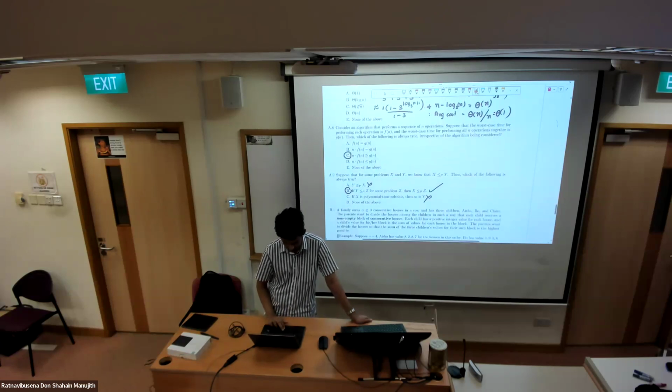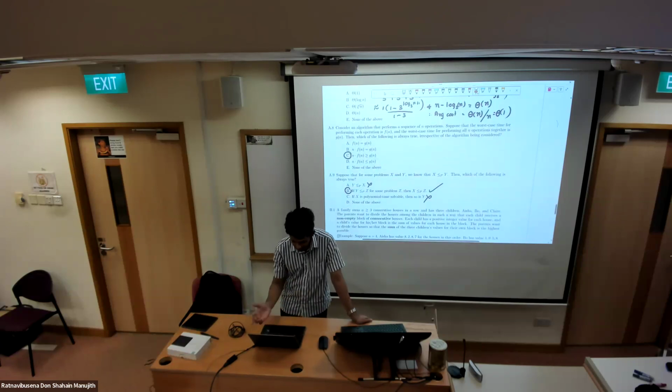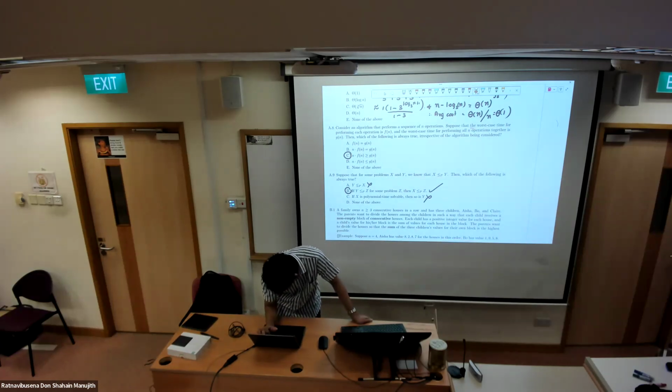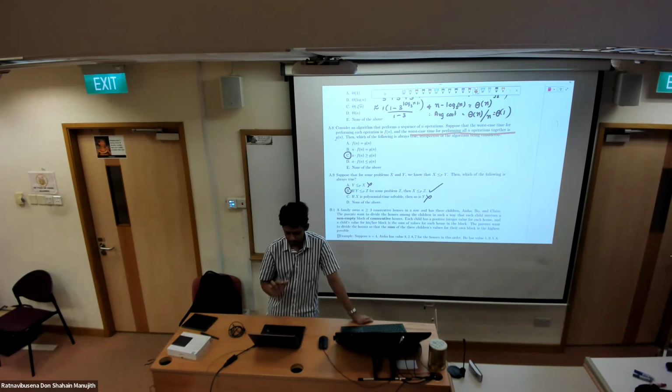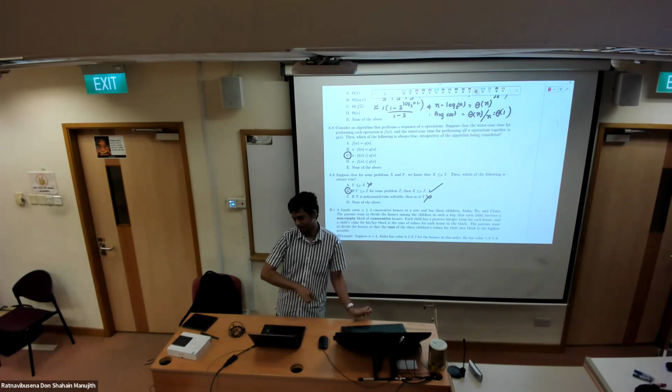Very easy. Consider an algorithm that performs a sequence of operations. Suppose that the worst case time for performing an operation is F(n), and the worst case time for performing all n operations together is G(n). Clearly, this is not even a question.